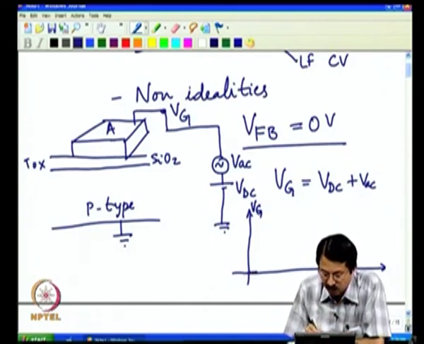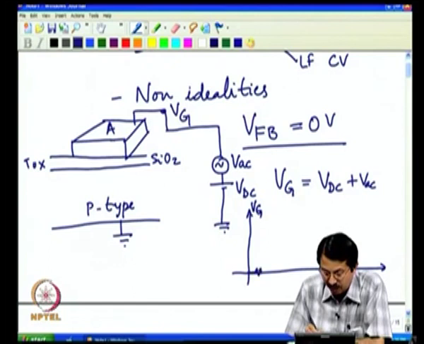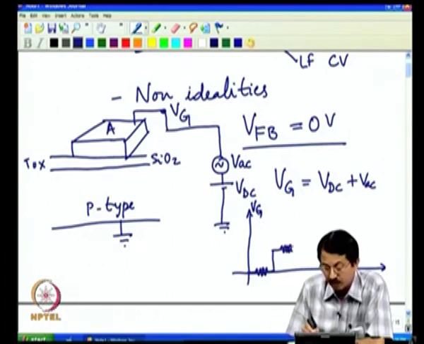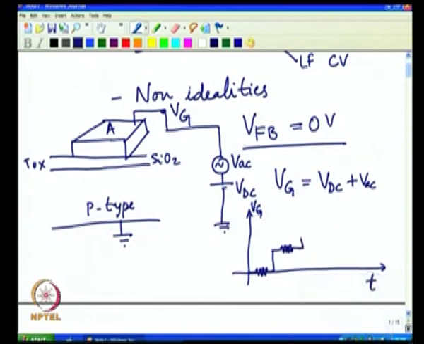So, at 0 this is a DC voltage and I have a very small AC, and I do the measurement of the capacitance, take a next step and apply again an AC, and do the capacitance measurement and go to the next step and so on and so forth. And hence at different DC values, which is different gate voltage value on this MOS capacitor, I am measuring the capacitance. So, this frequency of the measurement can be either low or high, and that in turn gives you two different capacitance voltage curves, which are HF and LF CV characteristics.